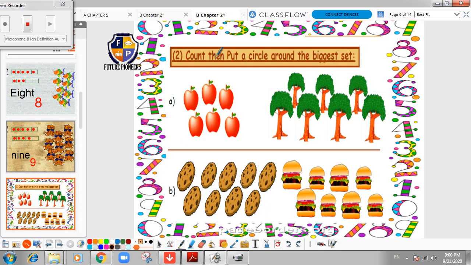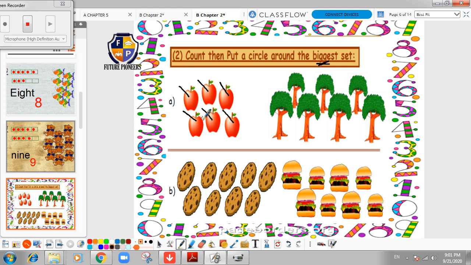Count, then put a circle around the biggest set. So to know which is biggest or which is the smallest set, you have first to count. So now count how many apples here I have. 1, 2, 3, 4, 5, 6. I have 6 apples.